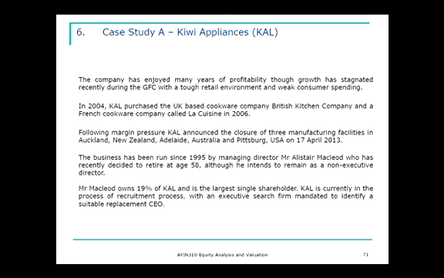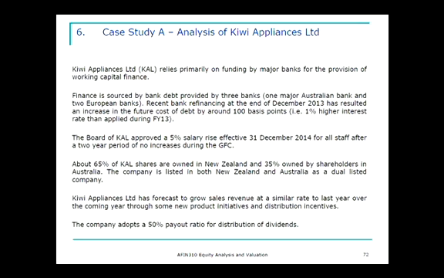Over here we see that they've been undertaking acquisitions. They closed some facilities over a year ago, nearly 2 years ago. Mr. McLeod is the CEO, Managing Director. He's retiring, but he owns 19% of the shares.